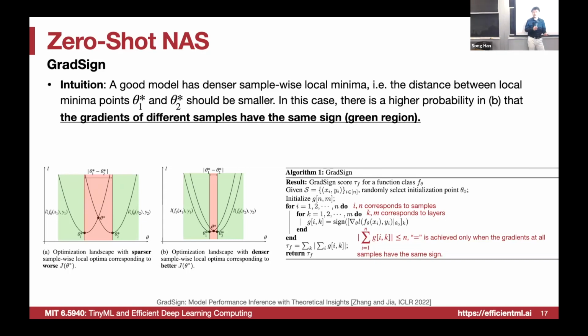If everything has the same sign, either positive or negative, the largest value could be n. But if I have 1, -1, 1, -1, all the signs are different, this number will be 0. So for all the layers, if you sum up across different samples, the sign of the gradient should be consistent.